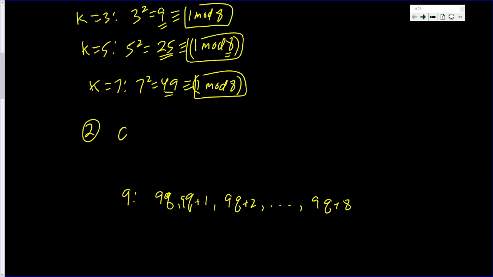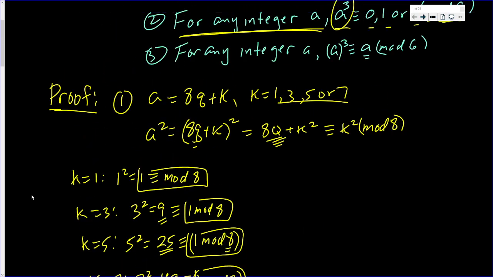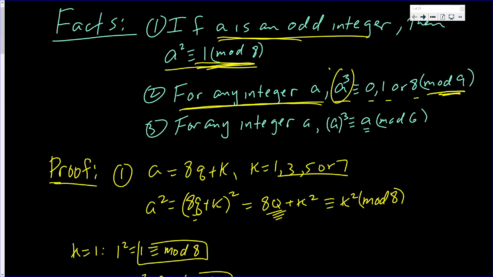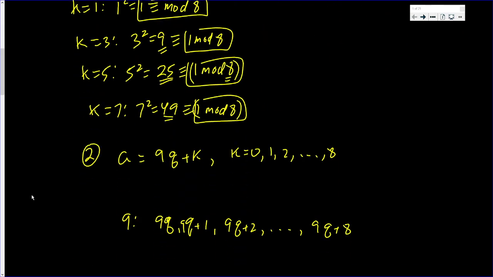That is, a will be in the form of 9q plus k, where k is either 0, 1, 2, up to 8. And we want to show that a cube, find out the residue for a cube.